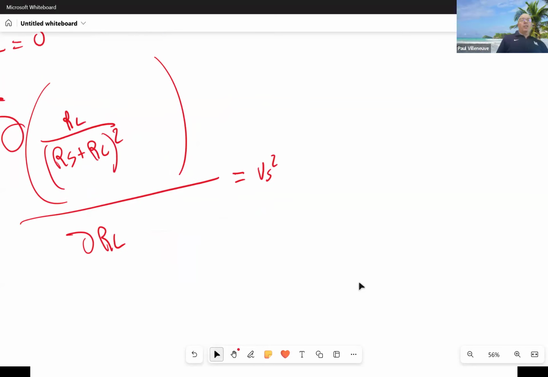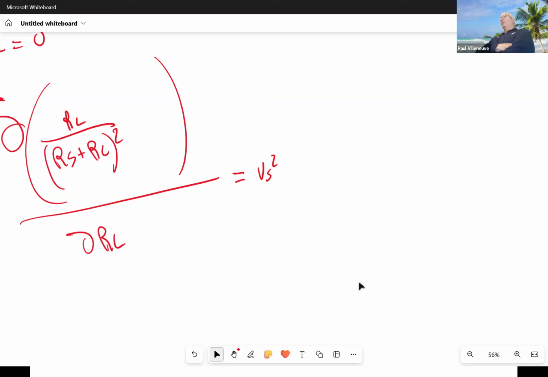What's the derivative of a fraction with terms in the numerator and terms in the denominator? What rule do you use? You all remember this from Calc 1? Quotient rule, right?